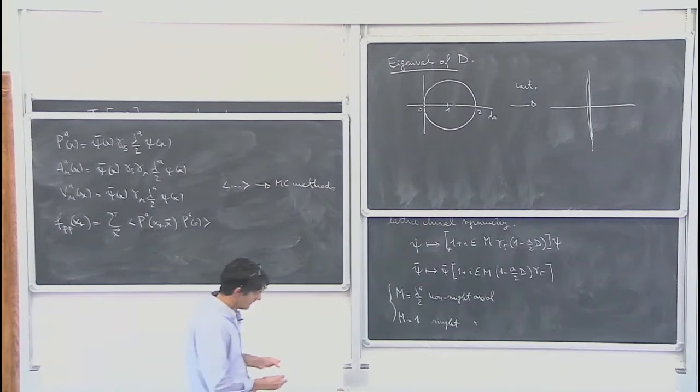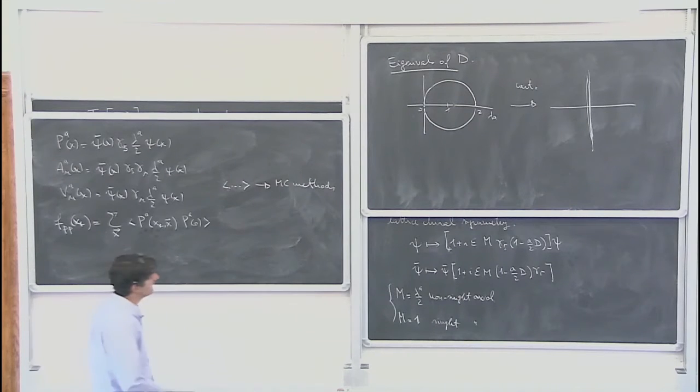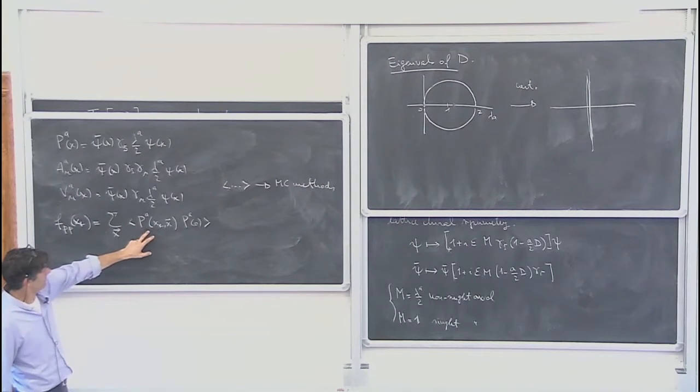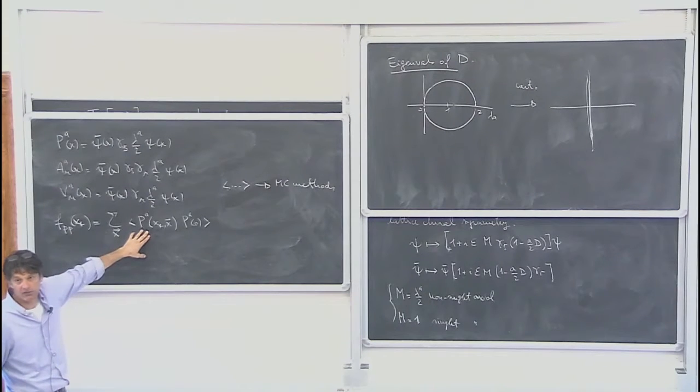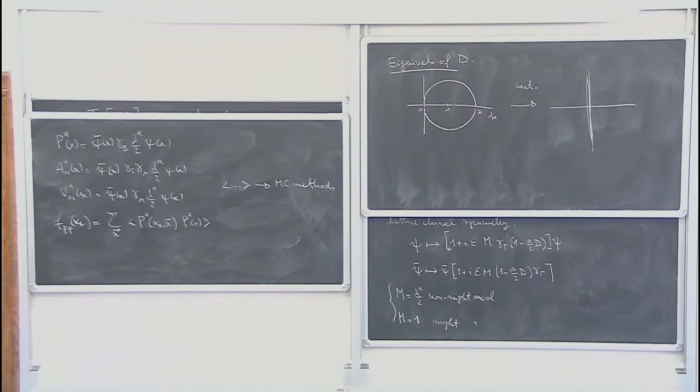Now, if you go back to the very first lecture when we discussed the transfer matrix, you will see that there is an expression for a 2-point correlator in terms of the trace of powers of the transfer matrix, insertion of the operator, powers of the transfer matrix, insertion of the operator.